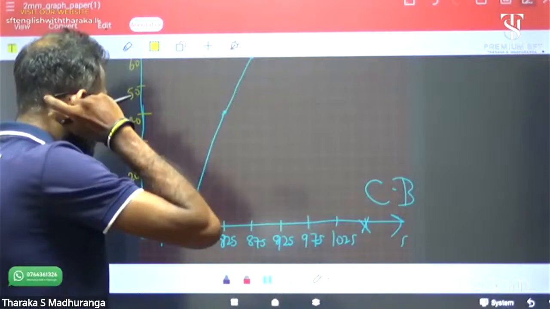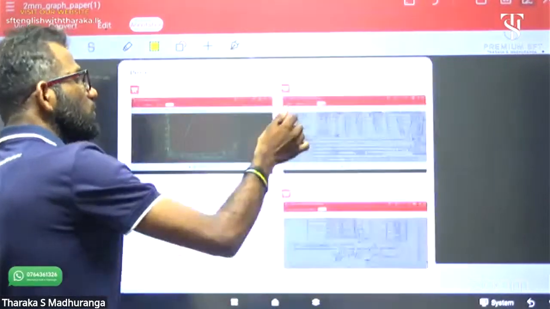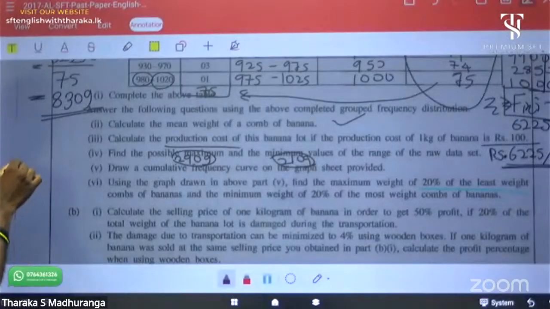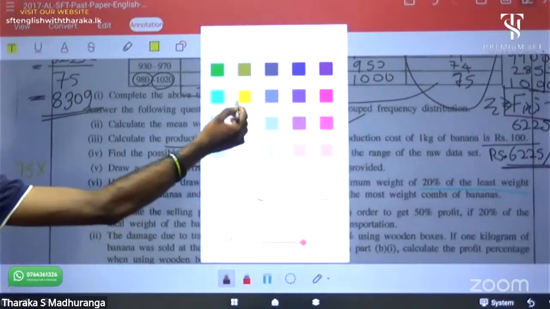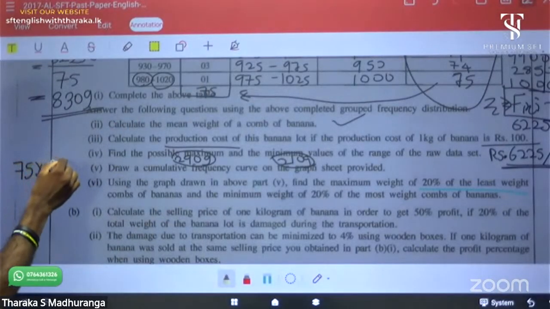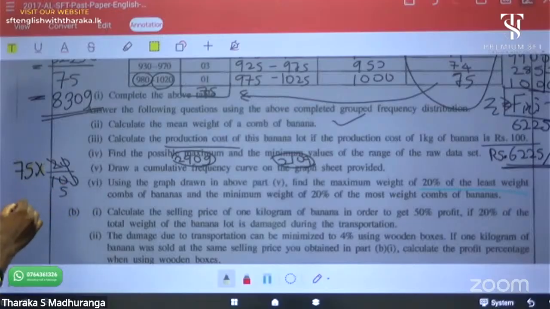Least 20% means now 75 combs of banana. 75 multiplied by 20%, 20 over 100. What is the answer? 2 over 10, 5. Then it is 15.